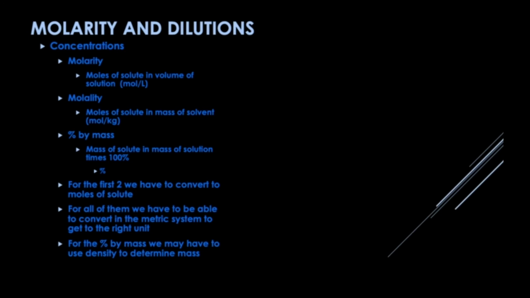So now we're talking about molarity and how we start doing dilutions. So concentrations, whenever we're talking about that, you're talking about how much of one thing is in something else. So for molarity, that is the most common concentration that you are going to talk about.